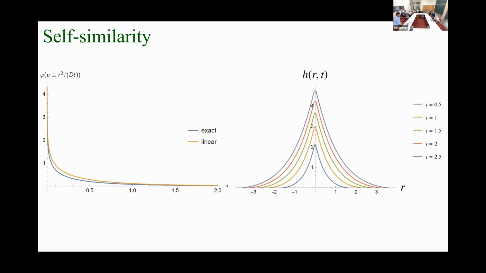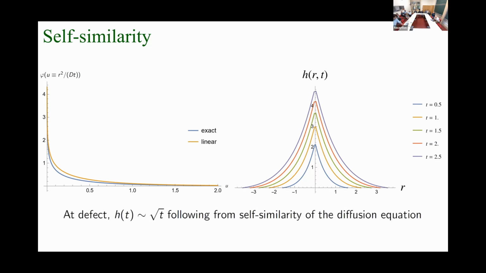Essentially, since this is like a heat equation, we could use some similarity, like U is like R squared over dt. If you do the transformation, you can show that for small and large, that's not important. But the point is that we want to model that since these are heights at different times, at the maximum of t.